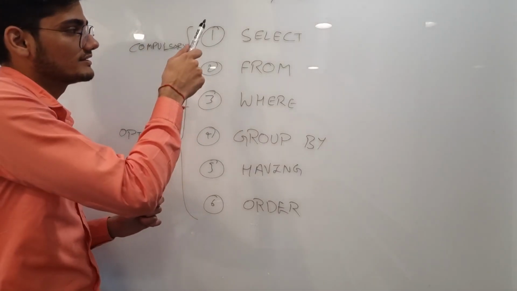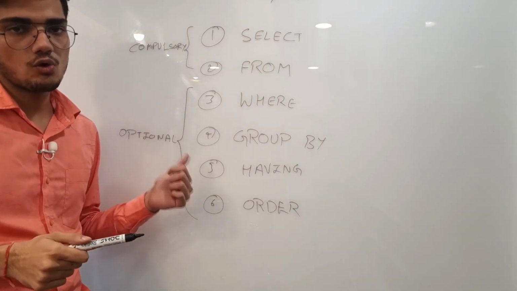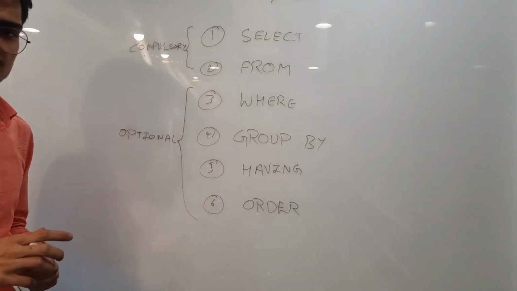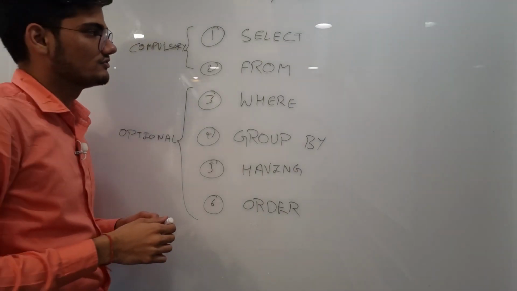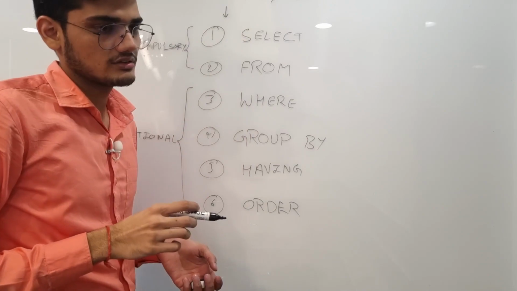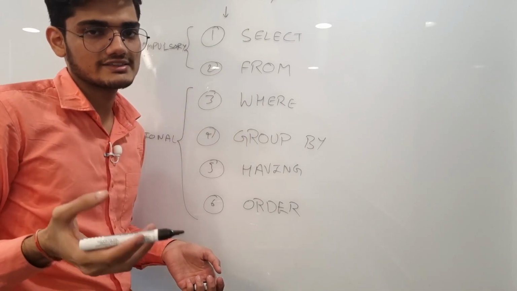Now please remember these 6 clauses in the order I have written them, because there is a syntax we have to follow, and if we don't write in the sequence I have written them, then the query will throw us a syntax error.